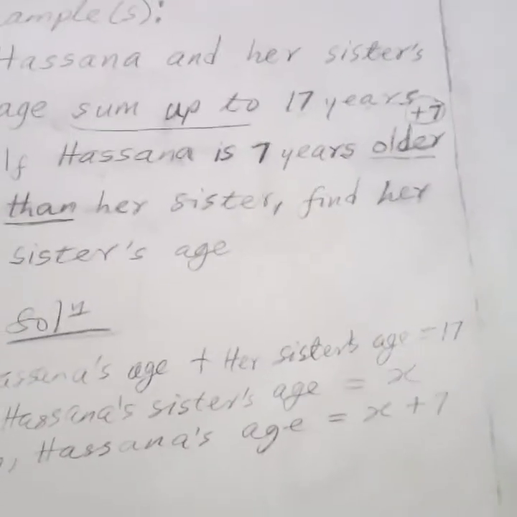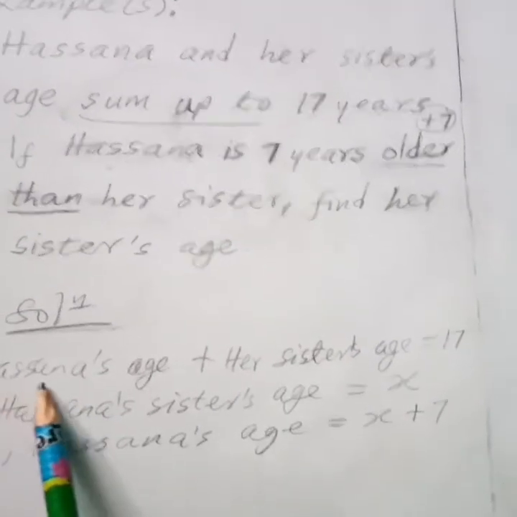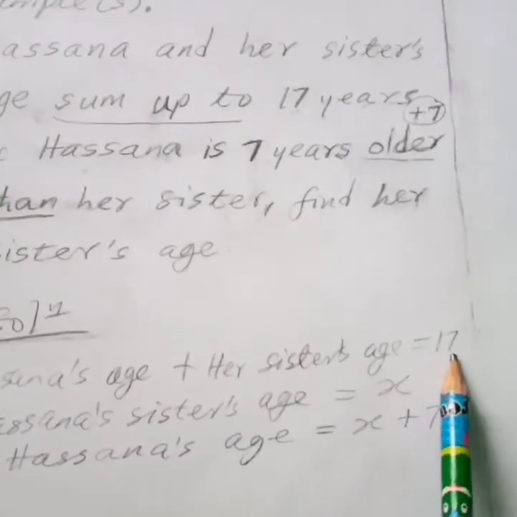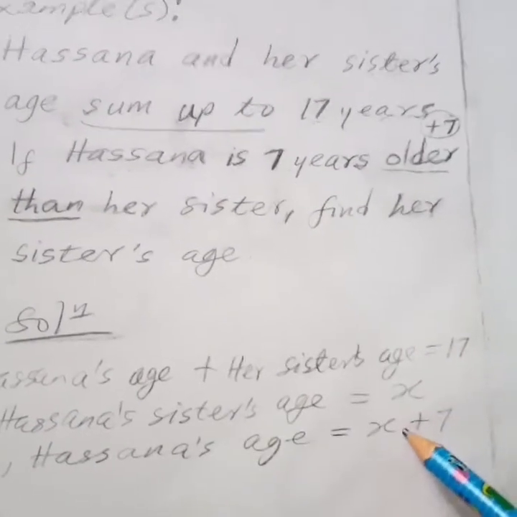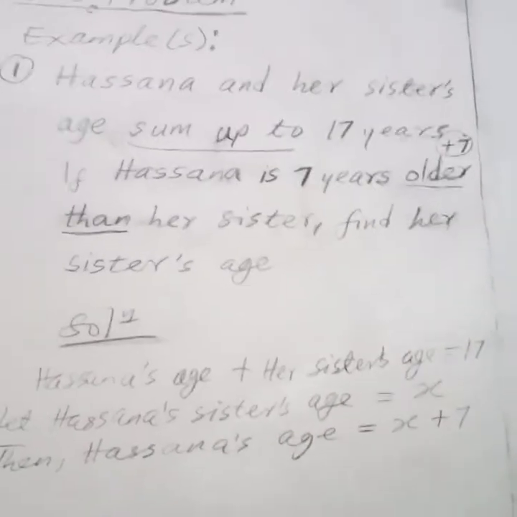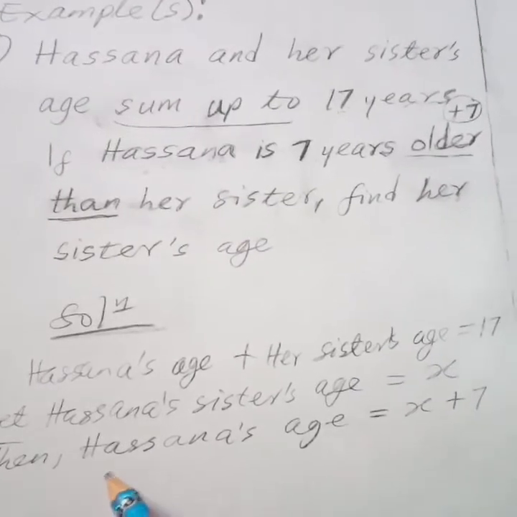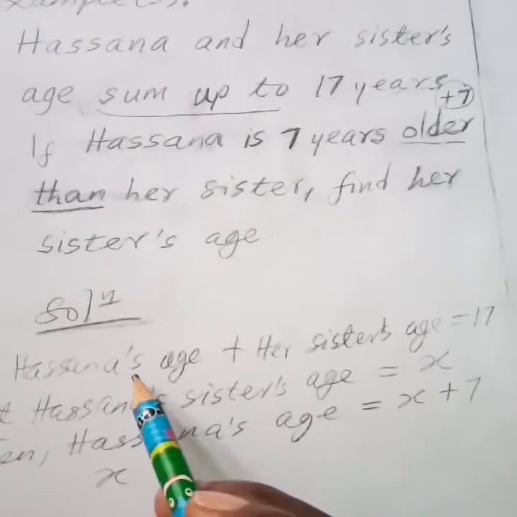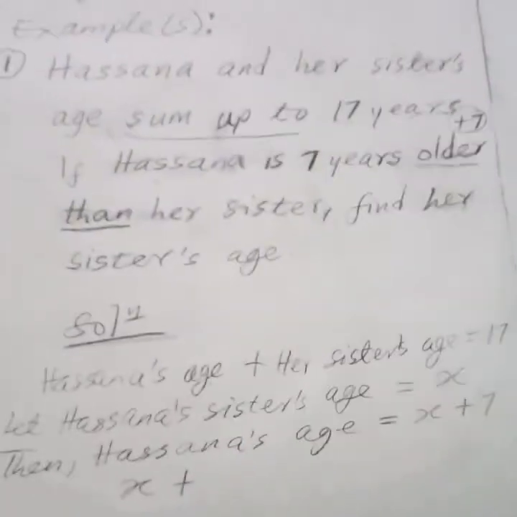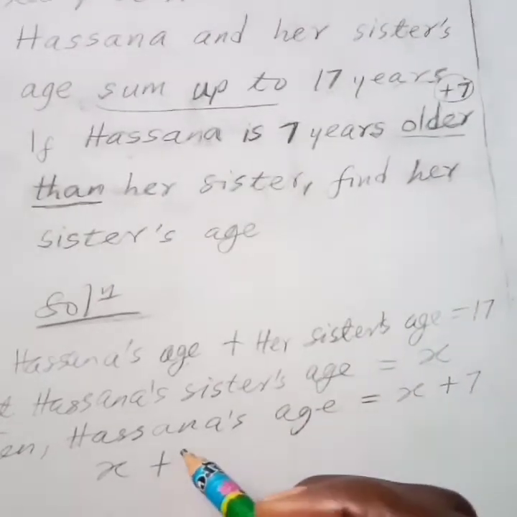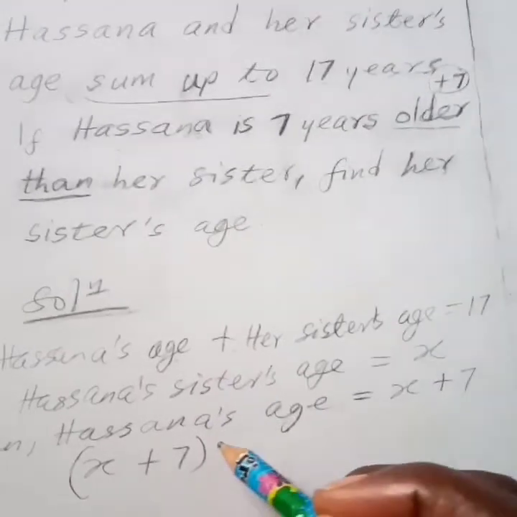And from the first sentence, it says Hasana's age plus her sister's age is 17. So meaning we must add their ages to give us 17. So from here we can get S plus 7 for Hasana's age. Then the addition sign, and then her sister's age.